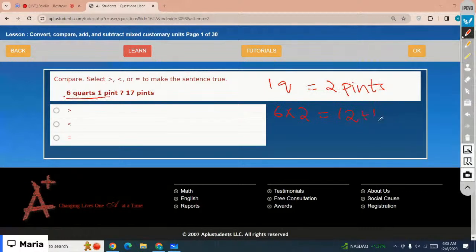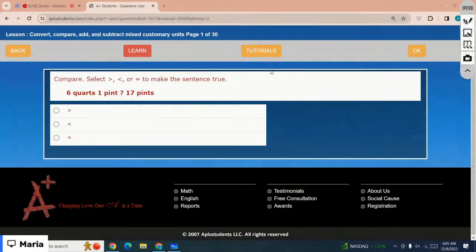So 12 plus 1 is 13 pints. You are going to compare 13 pints and 17 pints. So which is the correct option? Yes, 13 is less than 17 pints. That means 6 quarts 1 pint is less than 17 pints, right?